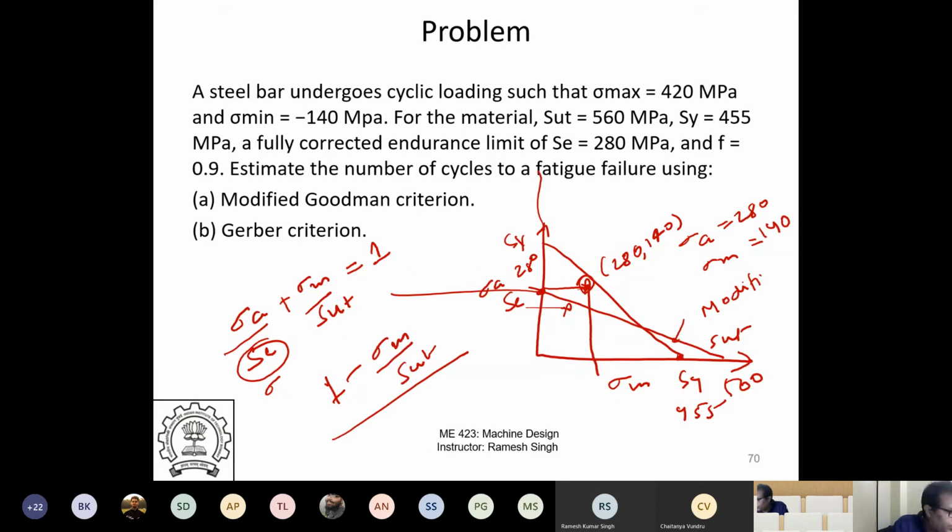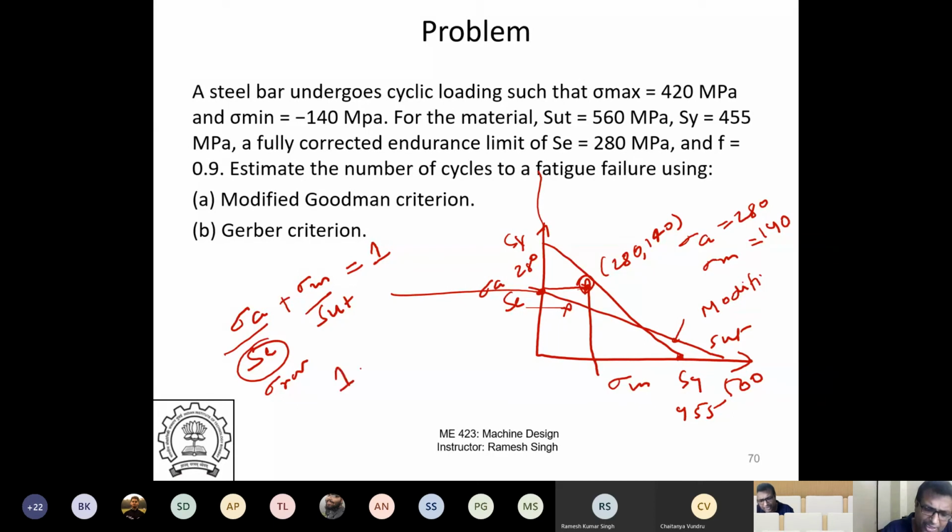So if I were to find out what would be a sigma rev, I can fudge that SE is equal to sigma rev for this condition.